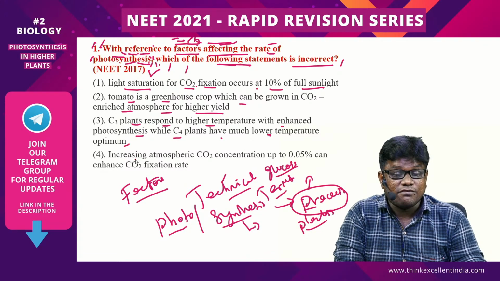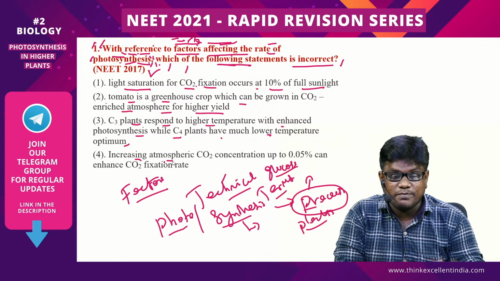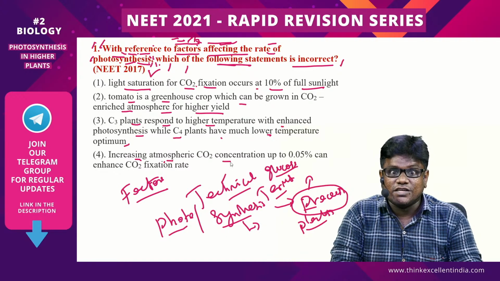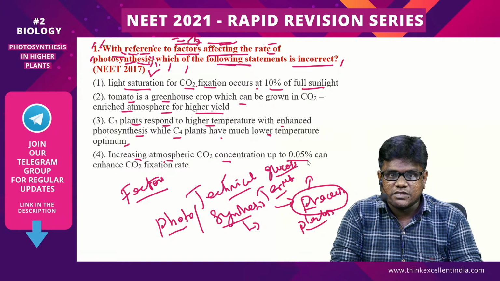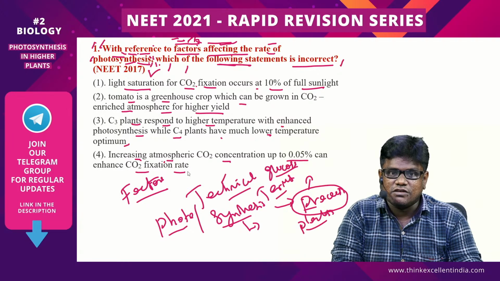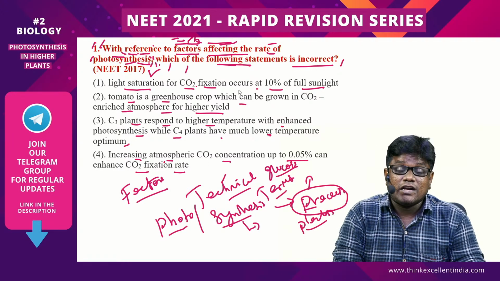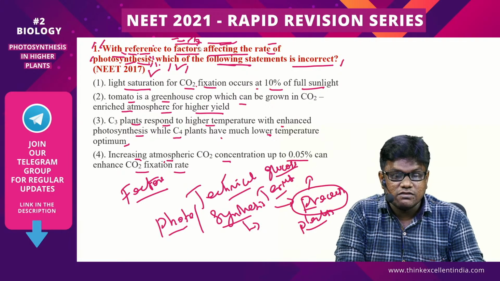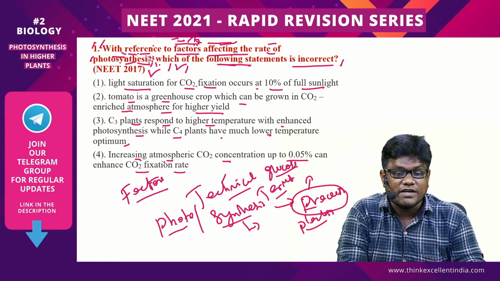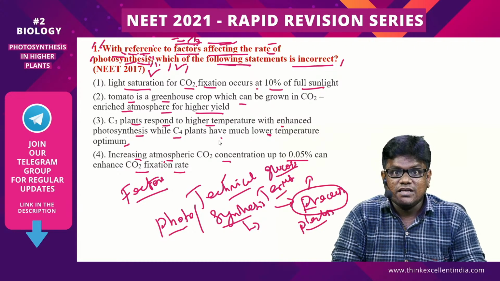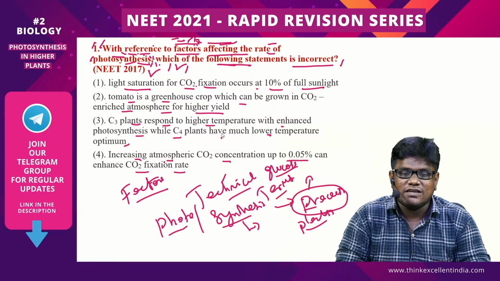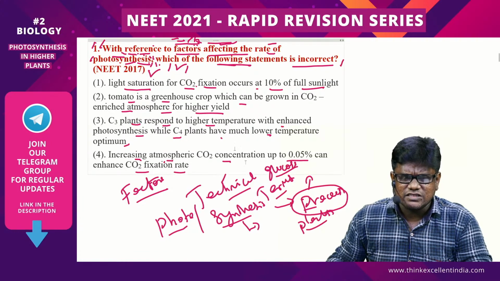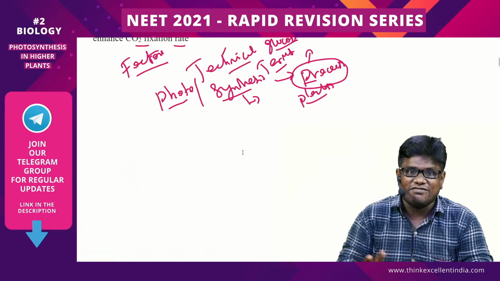The fourth option is increasing atmospheric CO2 concentration up to 0.05% can enhance the CO2 fixation rate. Here you have to analyze the options and find which option is relevant to the question about the factors affecting the rate of photosynthesis.